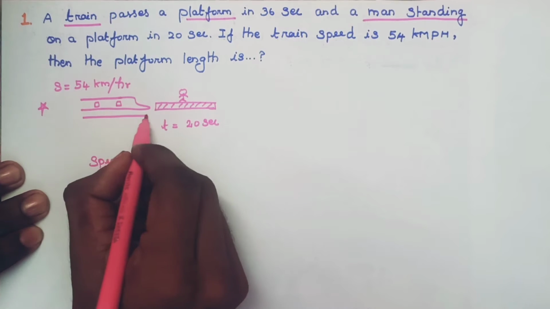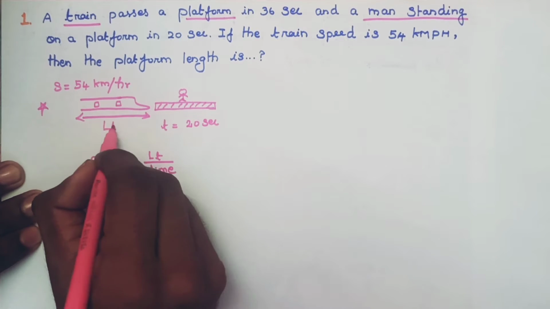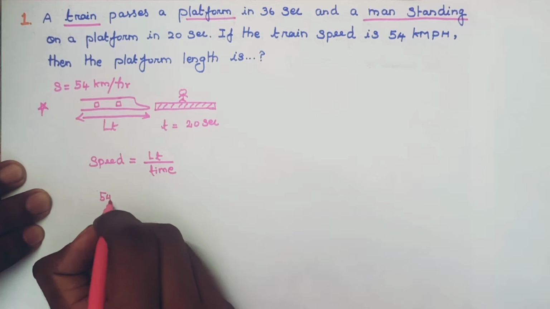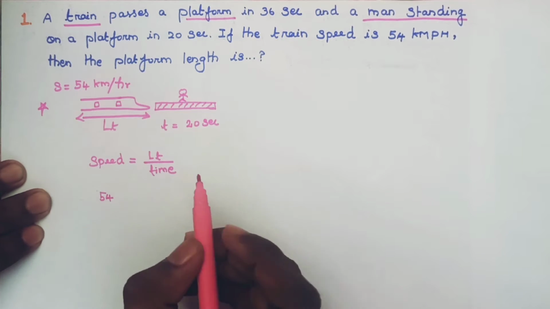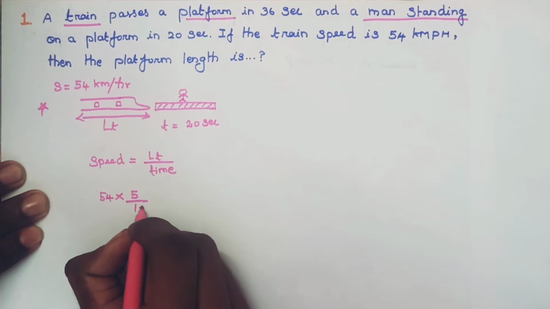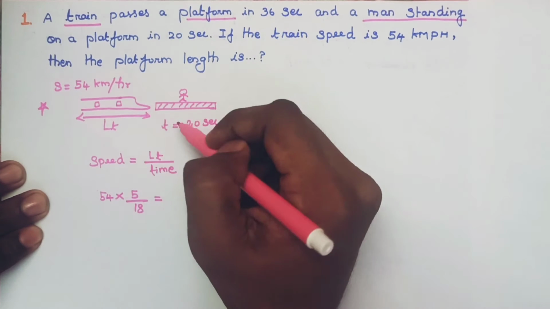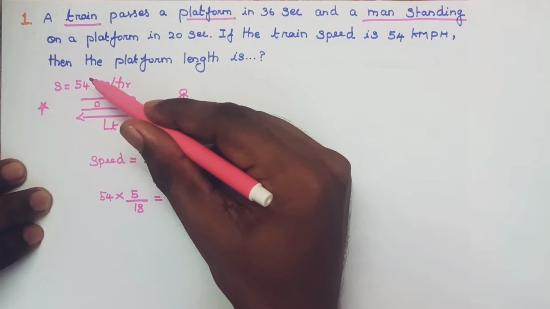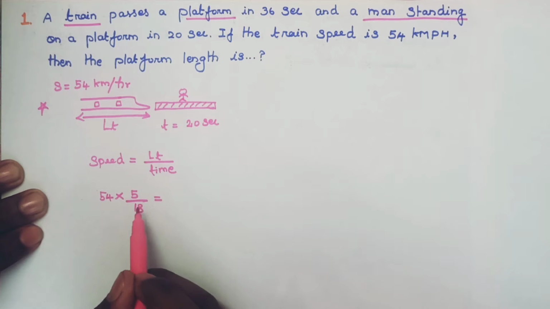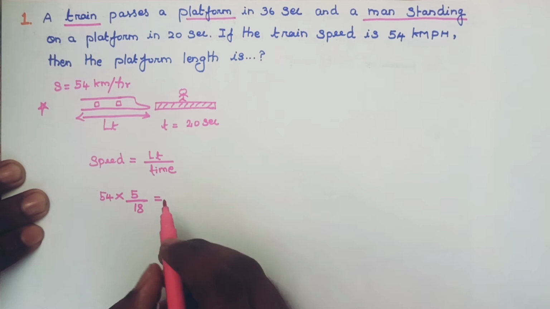We have to find the length of the train by using the point formula. What is speed here? 54. In order to convert it into meter per second, what you will do, just multiply with 5 by 18, because t is in seconds, so speed must be in meter per second. That's why we converted from kilometer per hour into meter per second.